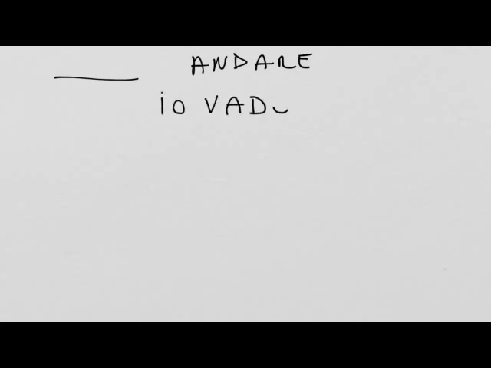Let's go to andare, and I hope I don't have to put the example here, the model. Let's go andare. Andare is irregular in many ways because it is io vado, tu vai, lui va.